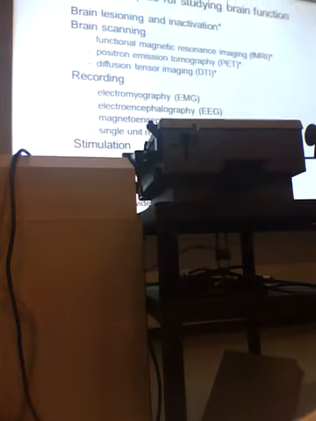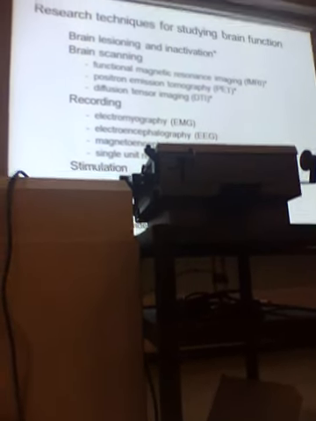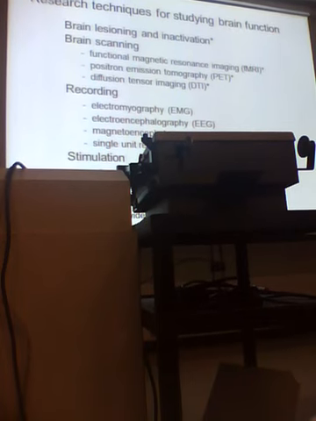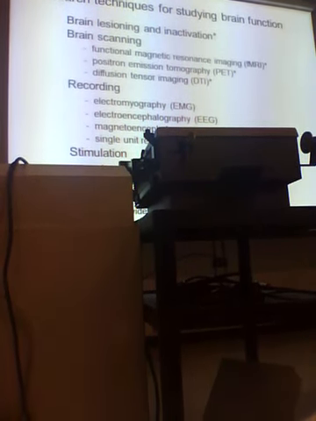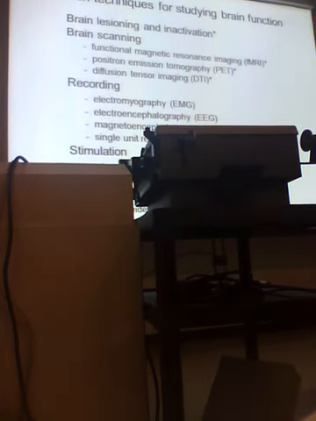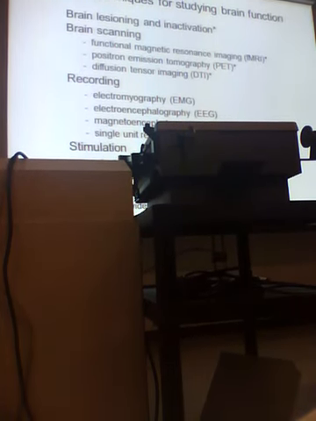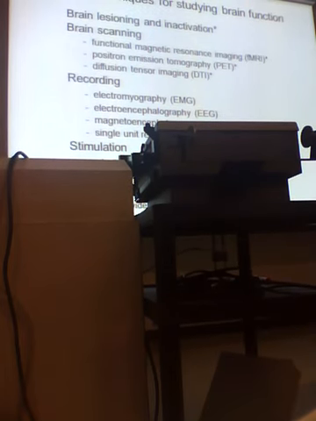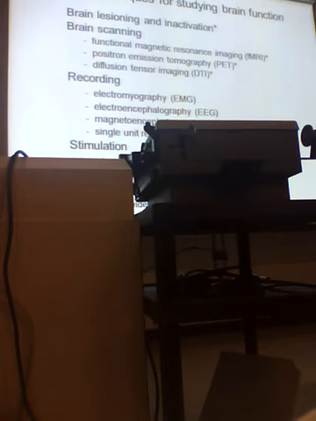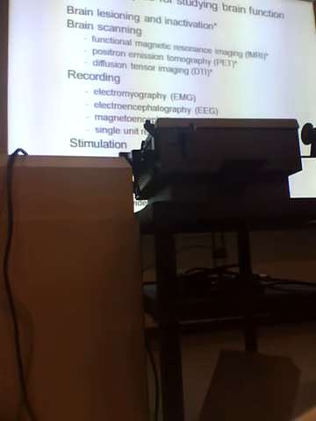You can inactivate part of the brain with magnetic stimulation. Brain scanning, functional magnetic resonance imaging, although it's quite common for research, it's not done very much in clinical practice. Positron emission tomography is not done that much, but it's being done increasingly, and I'll talk more about that later. And then this DTI, I'll again talk about this. These are high-level, very expensive scanning techniques.